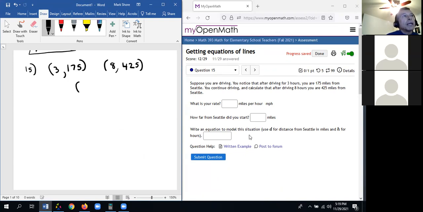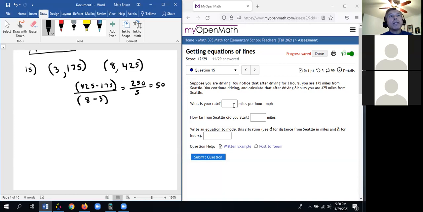We'll take the miles driven, 425 minus 175, and divide that by your change in hours, 8, in the same order, 8 minus 3. So that's 250 over 5, which is 50. There's your speed, 50 miles per hour. So this is a 50 right here.